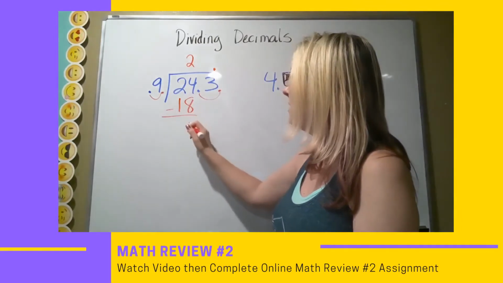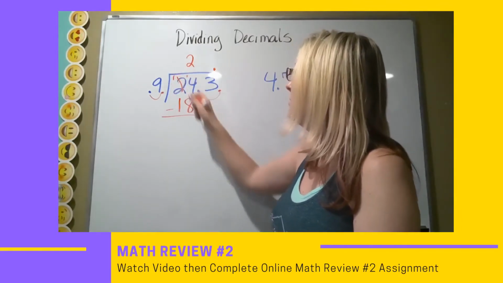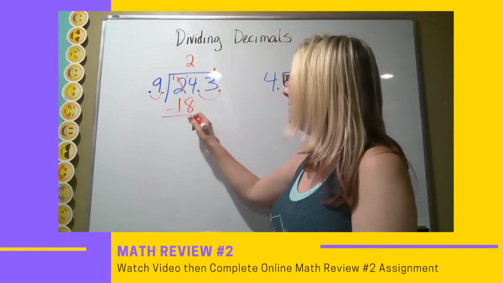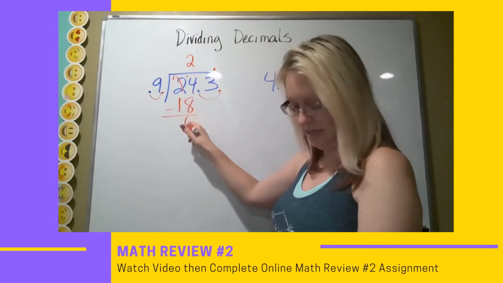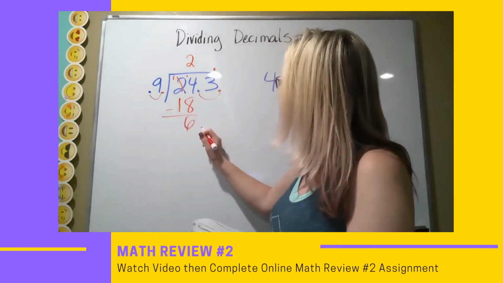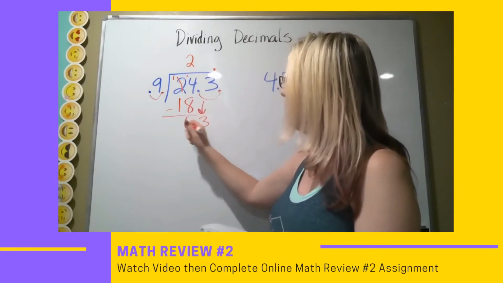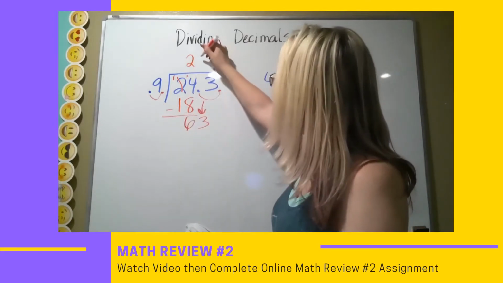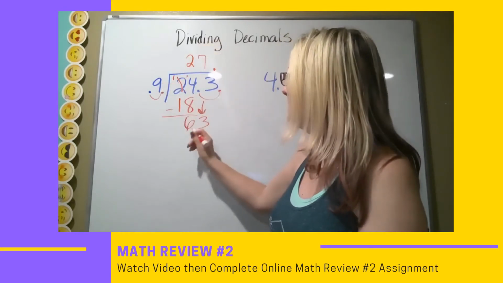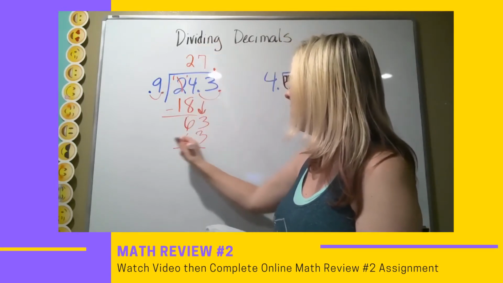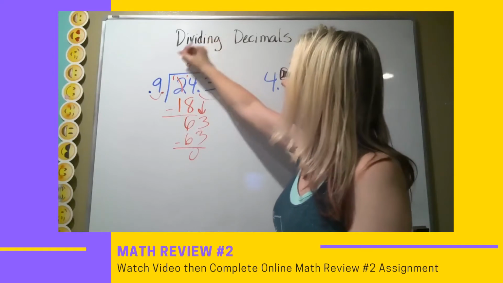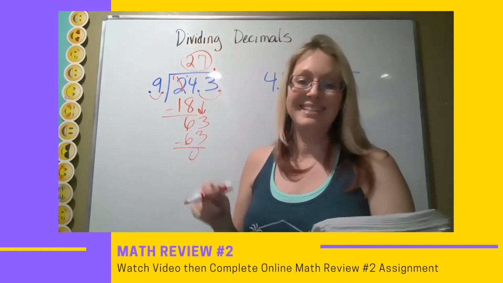I subtract, I borrow, and I would get then 6, right? 8, 9, 10, and 4, yep. And I bring down my 3, and 9 goes into 63. 7 times 9 is 63. I then have a 0, so my answer would be 27.